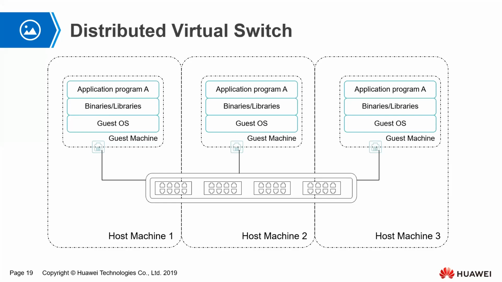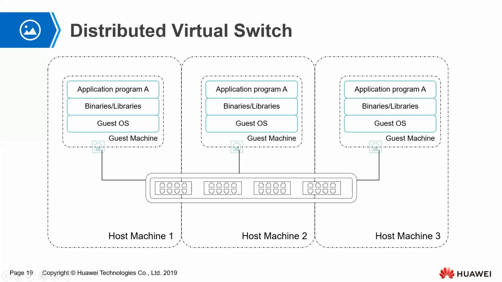You can use a virtualization management tool to configure distributed virtual switches in a unified manner. I repeat, you can use the virtualization management tool to configure distributed switches in a unified manner, and the distributed virtual switch is required for VM live migration. So if you want to trigger high availability of VM migration, you will need to have configured the distributed virtual switch across your different machines.